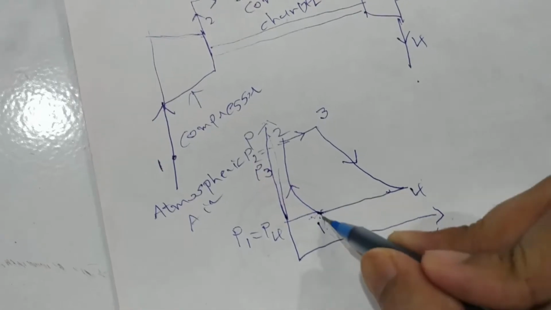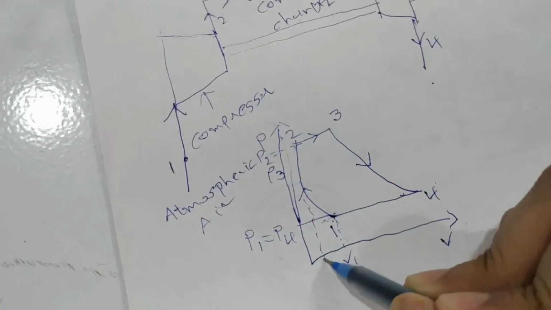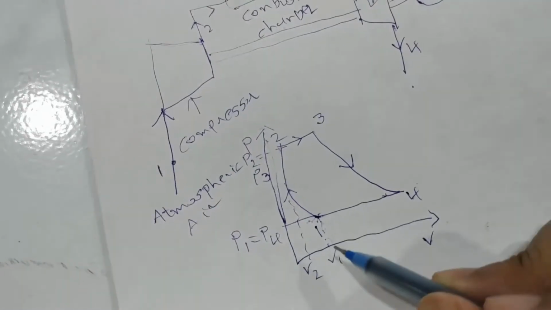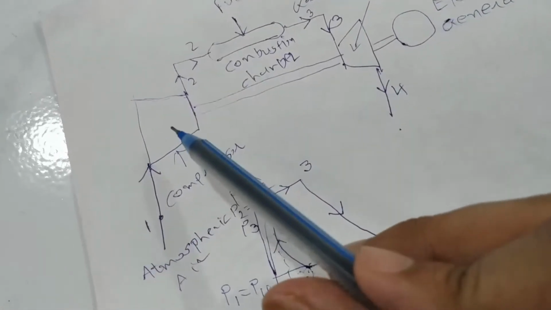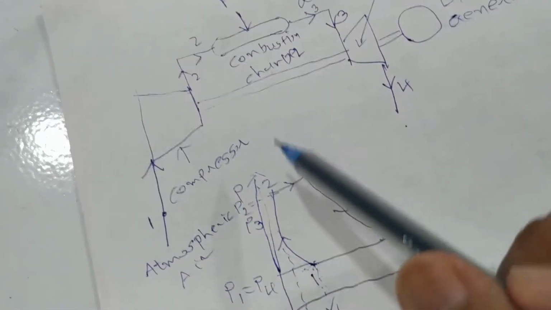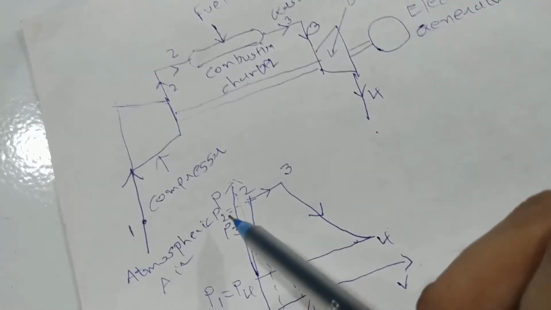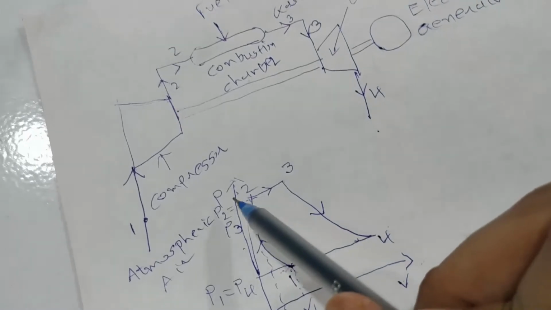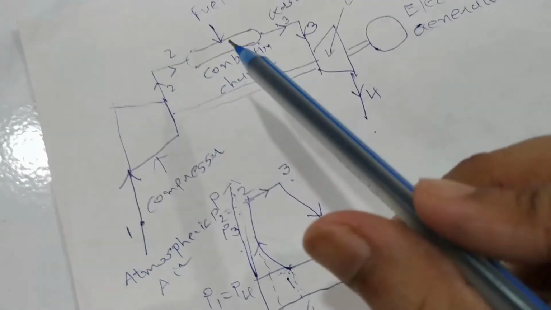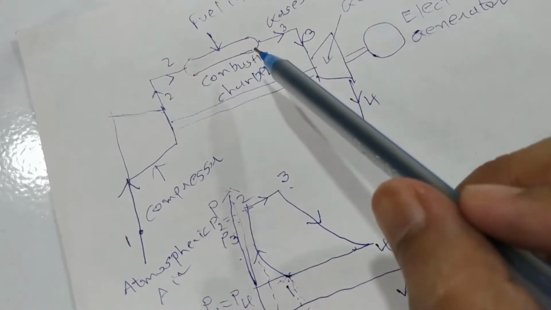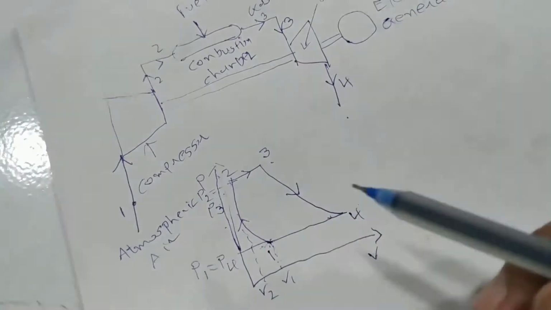This is volume V1 and this is volume V2. In the process 2 to 3 pressure stays constant, so P2 is equal to P3, and after that it goes to the gas turbine and here it gets expanded.